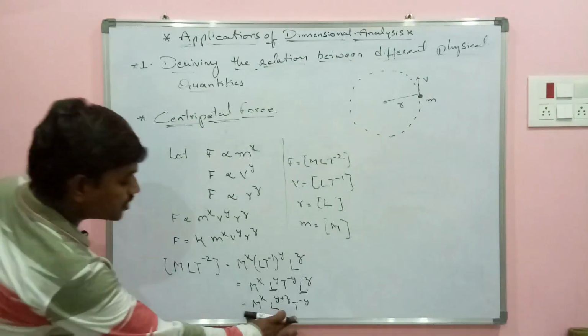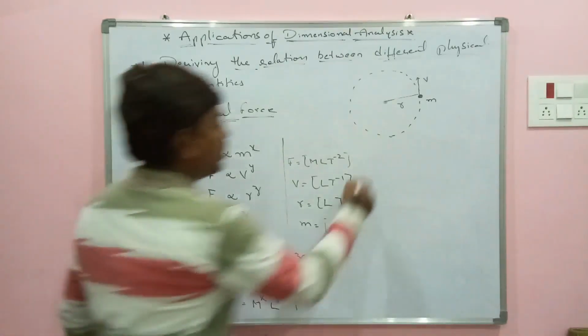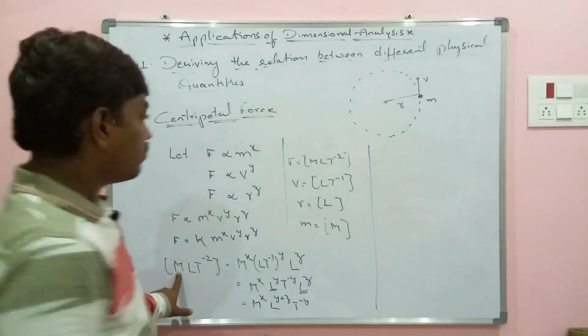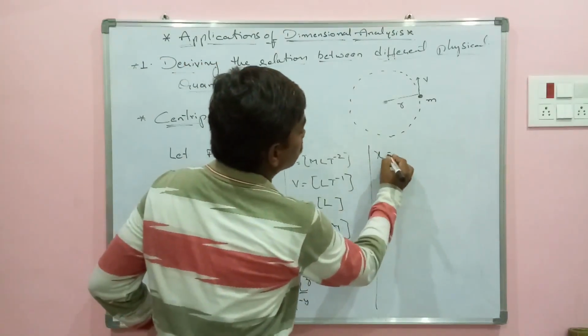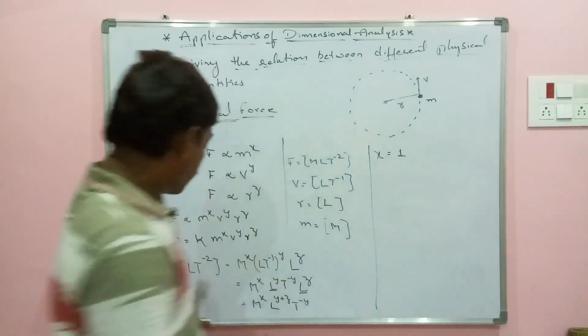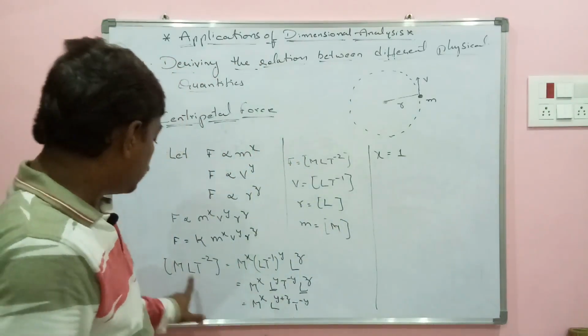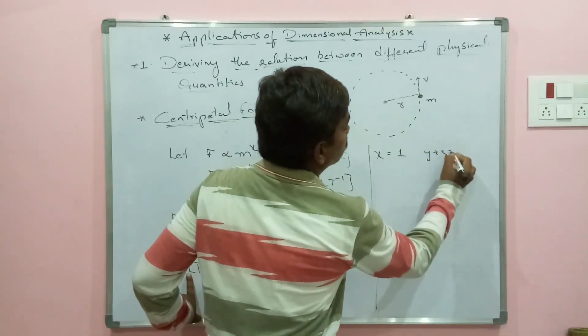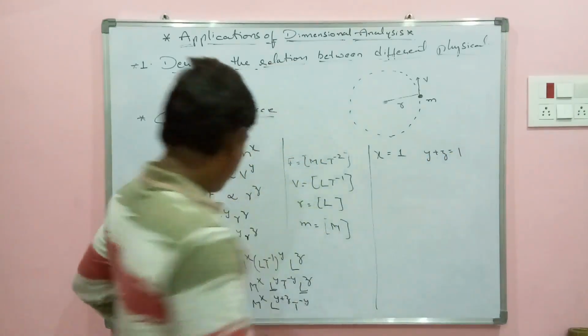Comparing this part with this one, I will get M power x and M power 1, so x is equal to 1. L power y plus z, L power 1, so y plus z is equal to 1.